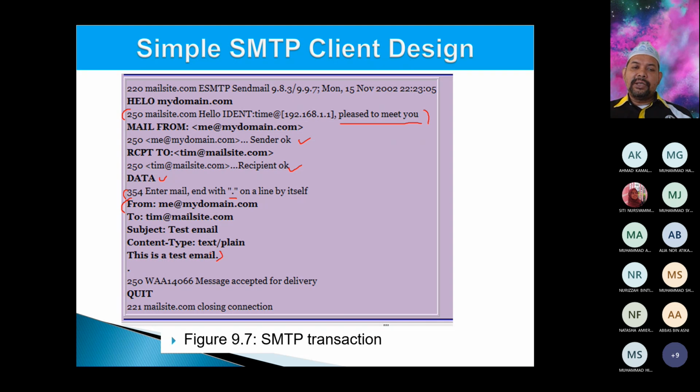Macam nak kena type email macam ni kan, macam susah kan? And then dia akan respond 250 WAA14006 message accepted for delivery. Kemudian client akan type quit. Dia akan respond 221 closing connection. Panjang lah cakap kan.